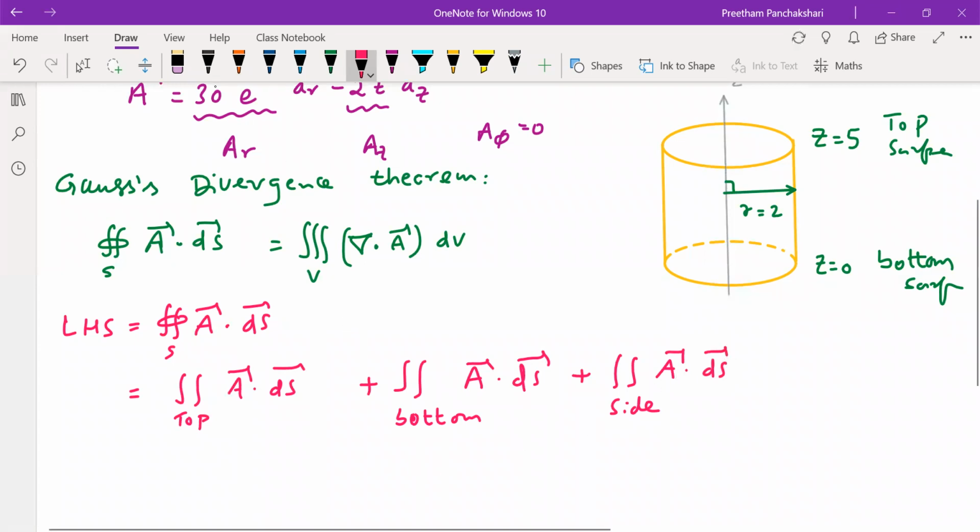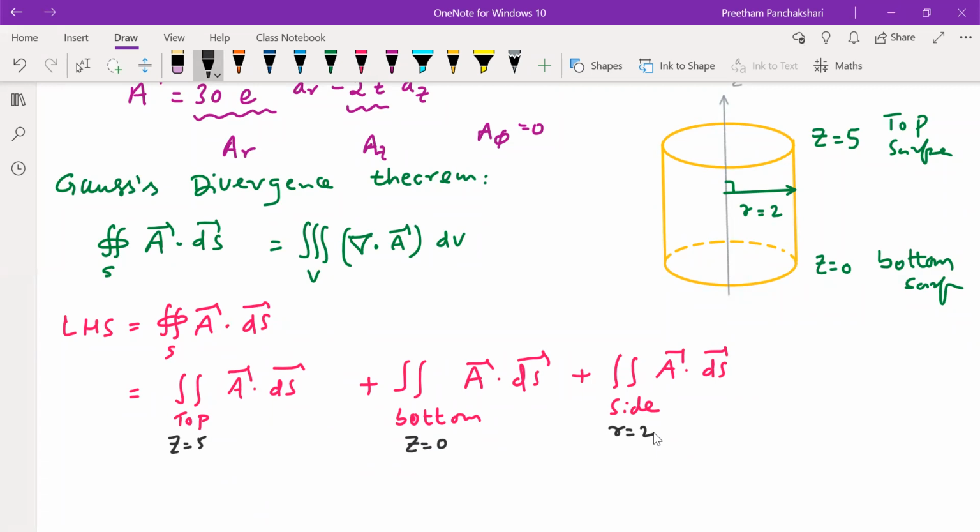If you carefully observe, these three surfaces are defined by certain constant parameters. For example, on the top surface, the Z value is constant at 5. So the top surface is held at exactly Z equal to 5, and Z doesn't vary over the top surface. Similarly, on the bottom surface, Z remains 0. For the cylindrical side, the radius remains constant at 2.